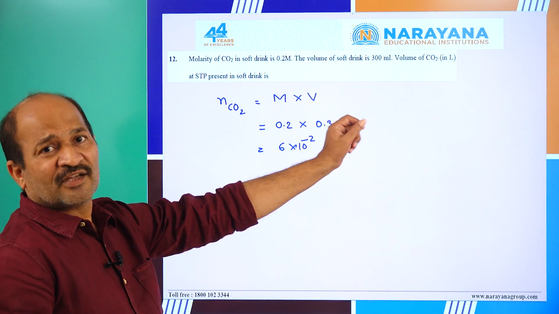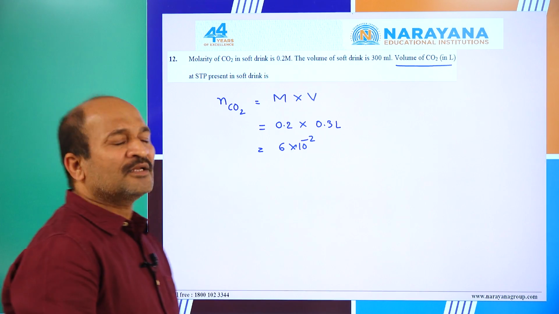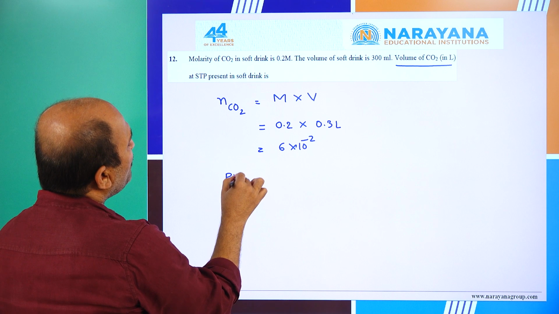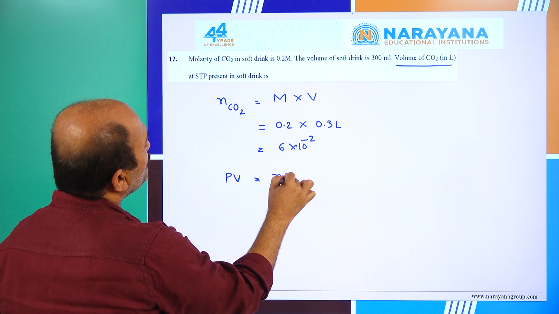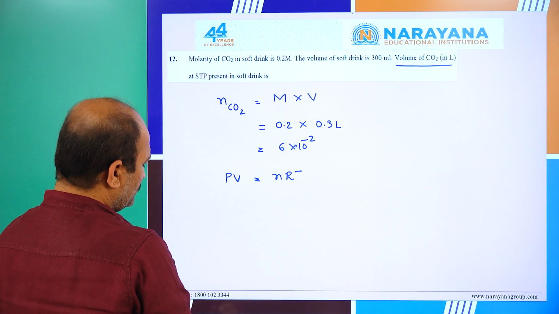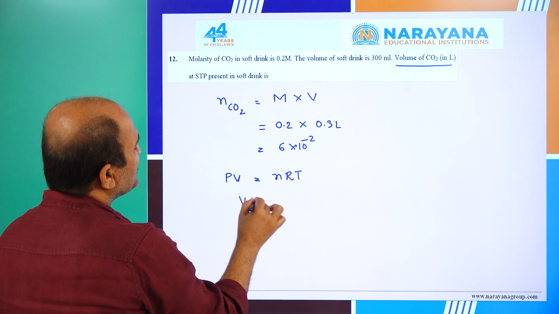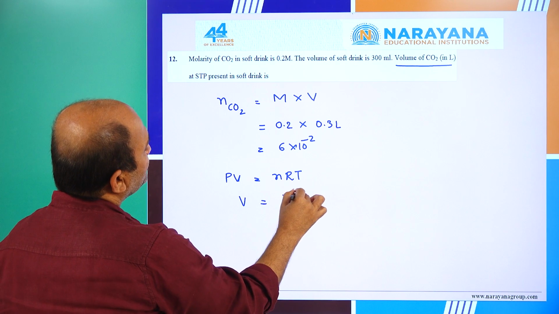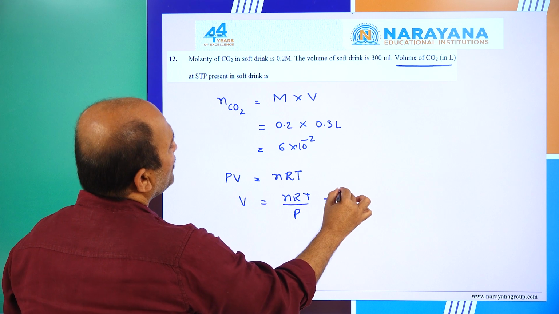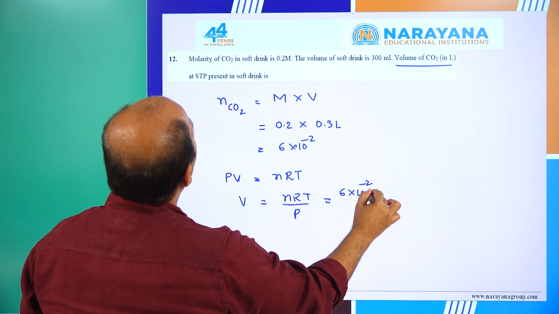But in this question they are asking what is the volume of CO2 under STP conditions. So you use the formula PV is equal to nRT. You know the number of moles. You want to calculate the volume. Volume is equal to nRT by P. Number of moles is 6 into 10 to the power of minus 2 and the R value is not given.